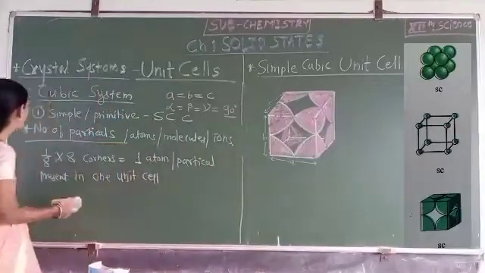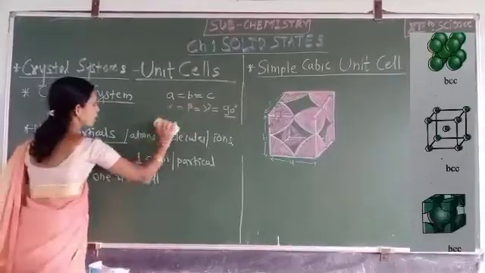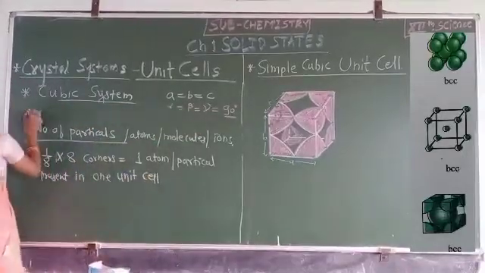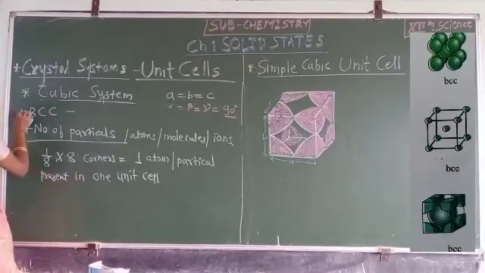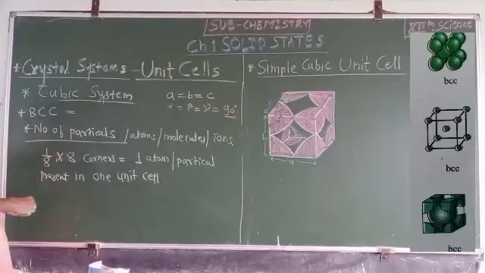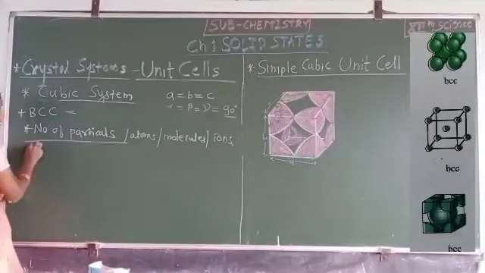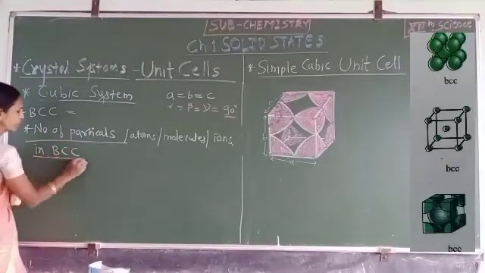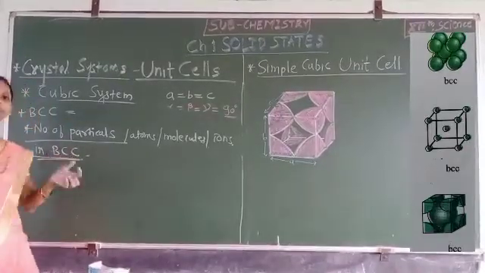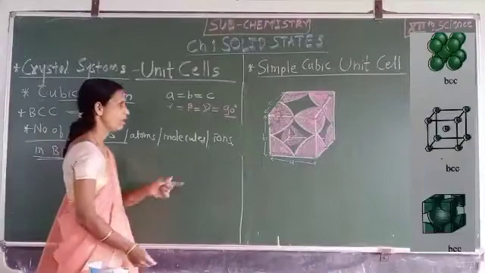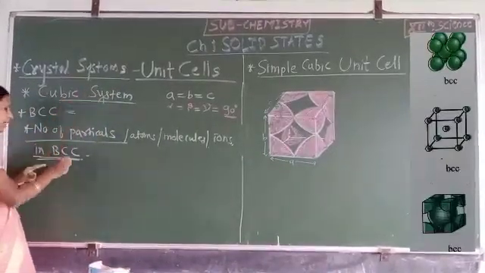Similarly, we can calculate the number of particles present in the body centered, that is in the BCC unit cell. See here the total number of particles present in the BCC type of unit cell. BCC means body centered cubic unit cell. All of you have studied that there are 8 particles present at the 8 corners.